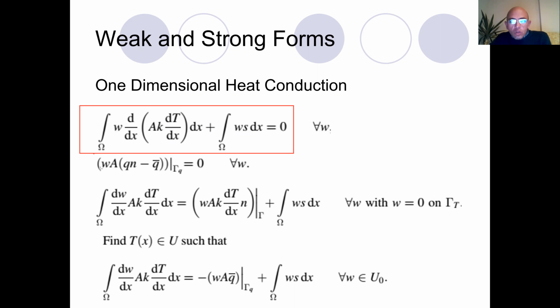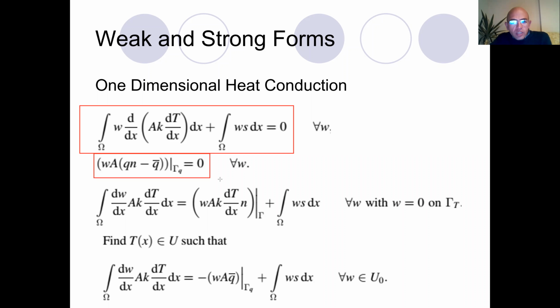Now, on the boundary where the flux is prescribed, this expression has to be satisfied. And furthermore, we have the prescribed temperature, and on the prescribed boundaries, the weight function has to be equal to 0.